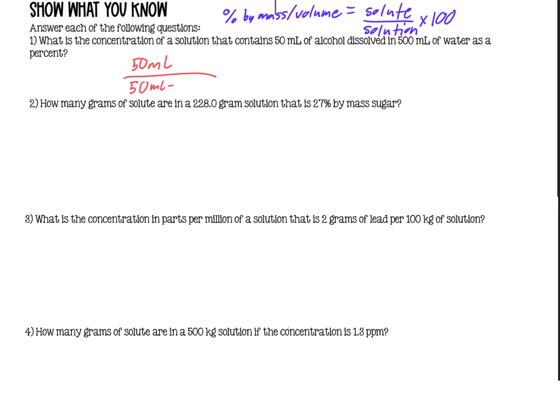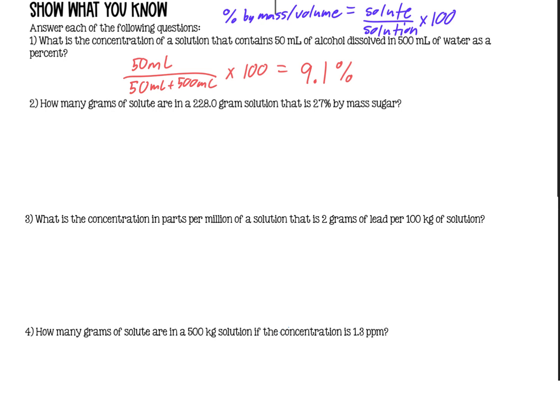So 50 milliliters plus 500 milliliters. And since we're looking for a percent, we will have to multiply whatever we get by 100. So 50 divided by 550 times 100 is 9.1%.